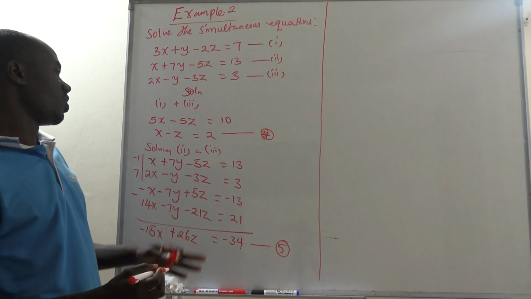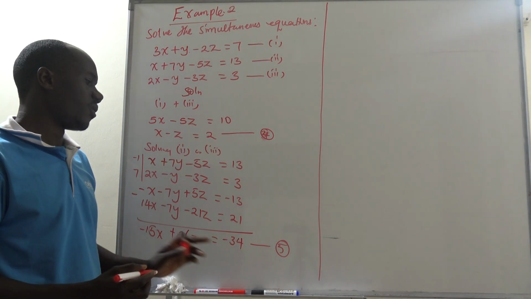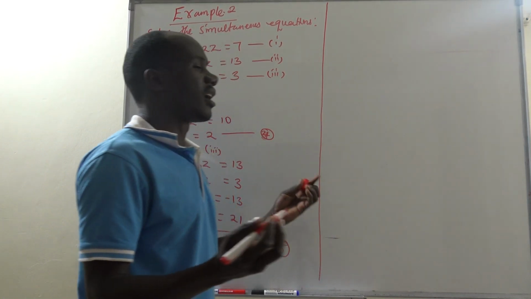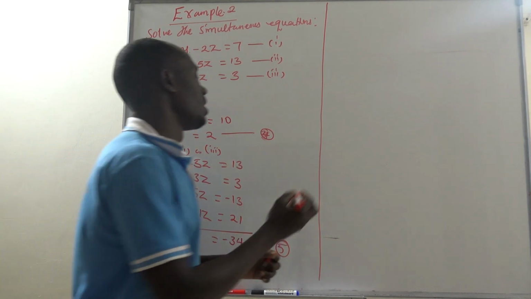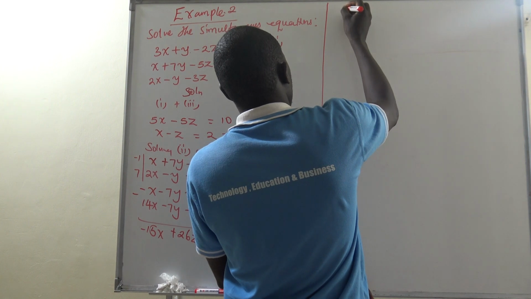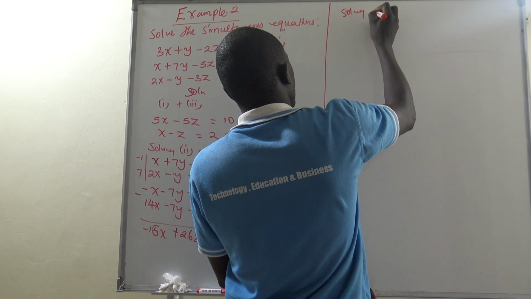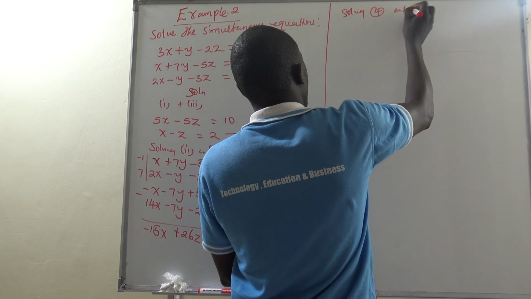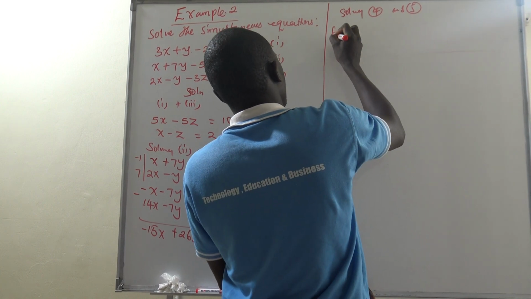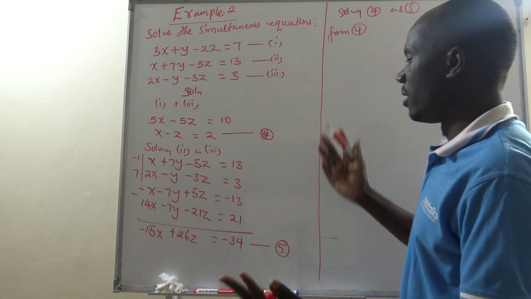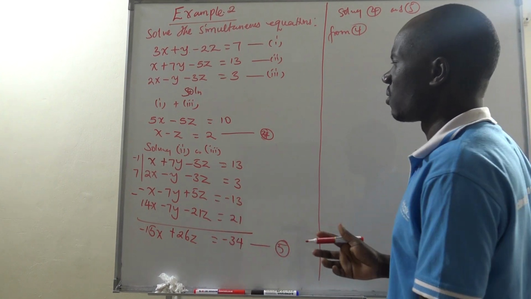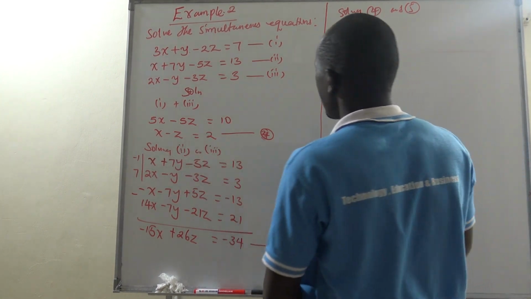Then we are going to be solving equation 4 with 5. I'm free even to use the elimination or substitution method. So solving 4 and 5, from 4, I can make any variable the subject. You can make x the subject or z, but let me make x.